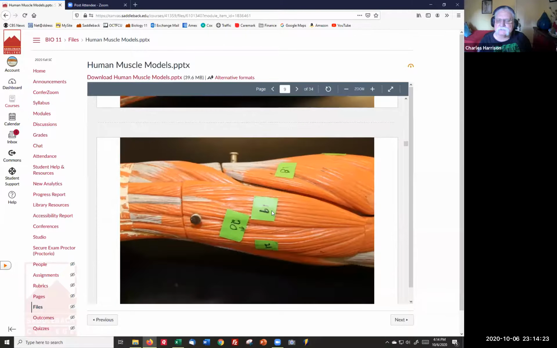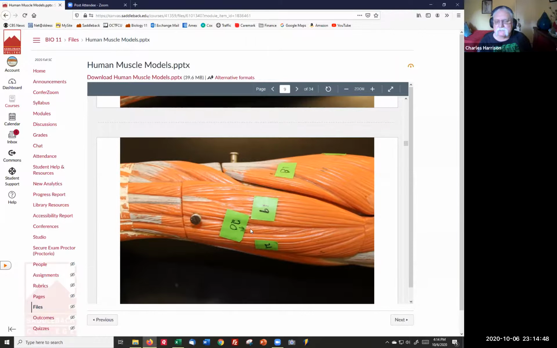I would ask it off of this slide or this model. So you can see that it goes out to all the digits. This is the extensor communis. This is the extensor retinaculum.